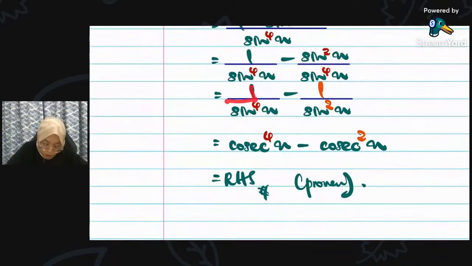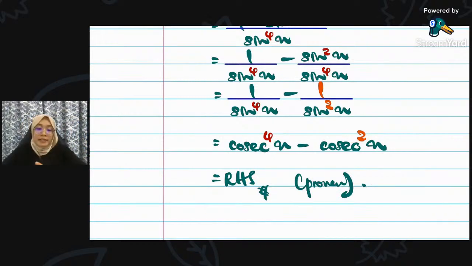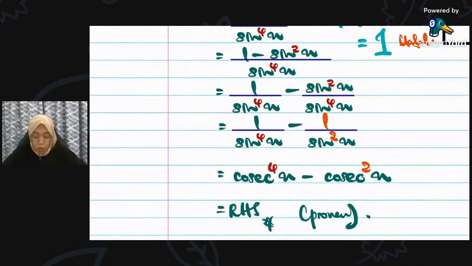I got one of a sine for both terms, and so boleh tukarkan kepada cosecant for both terms here with the correct power, and so I managed to prove left hand side dapat right hand side. That's it. Some of you buat terbalik, right hand side dapat left hand side pun boleh, tak ada masalah. Kalau baik hati, share dalam group WhatsApp kita, okay?